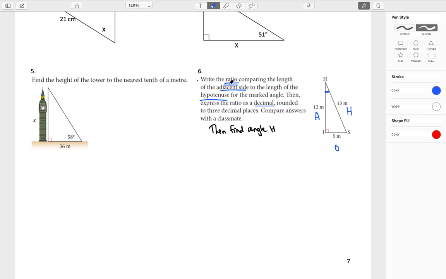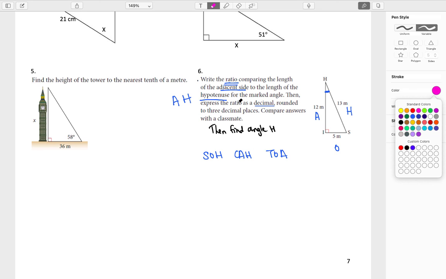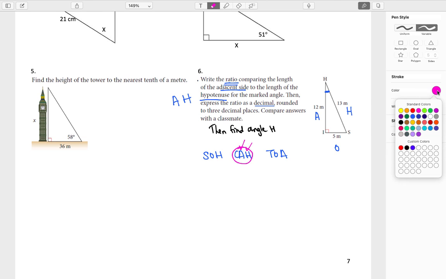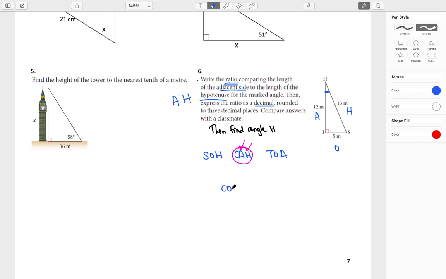And it wants us to write the ratio with adjacent, A, and hypotenuse, H. So let's write down SOHCAHTOA, and a ratio that contains adjacent and hypotenuse must be CAH. A and H. So now that we know the ratio, let's write down cosine theta is equal to adjacent over hypotenuse.